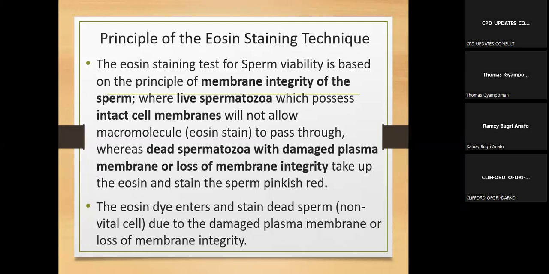All right. The dead sperms actually have their cell membrane damaged. When they have their cell membrane damaged, it means that they have lost their membrane integrity, and for that matter, the eosin can penetrate. Eosin cannot penetrate what we call living cells.